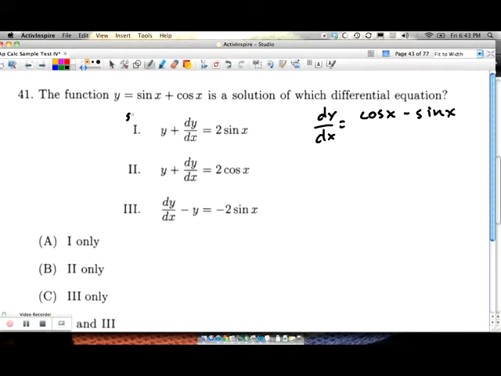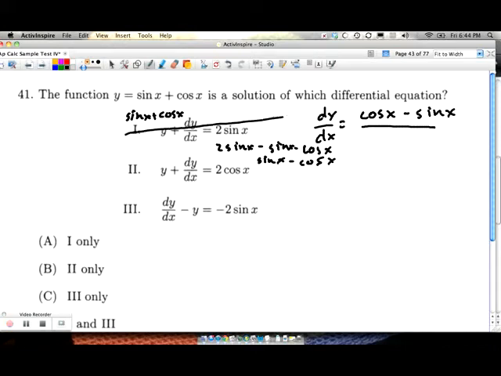Well, if I do sine x plus cosine x, and then I were to move that over here, so 2 sine x minus sine x minus cosine x, would that be equal to this? 2 sine x minus sine x, that's sine x minus cosine x. So 1, nope.